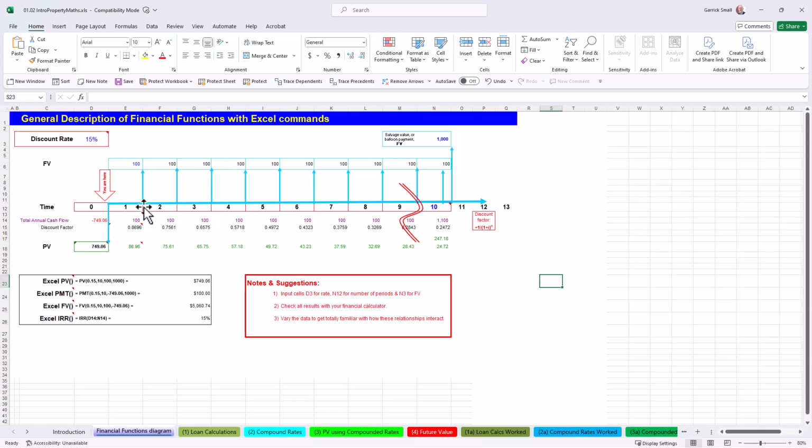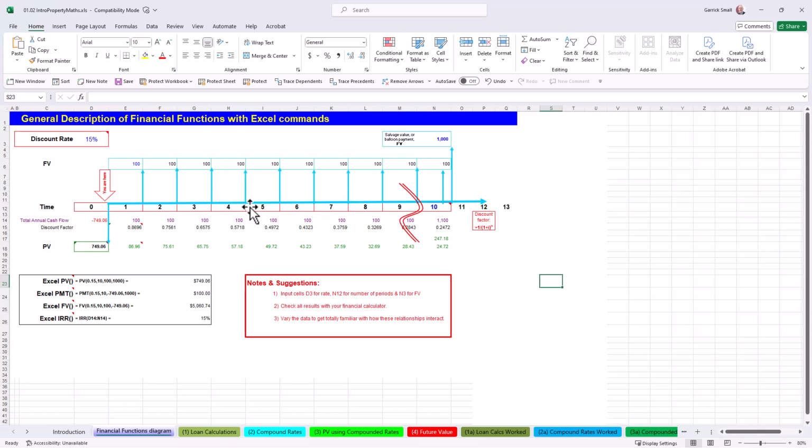We represent the cash flowing into our pockets as an up arrow, and the cash flowing out of our pockets as a down arrow. And the idea is that over time, the up arrows are meant to balance with the down arrows, and that's the way that financial mathematics in general works, and especially this application.